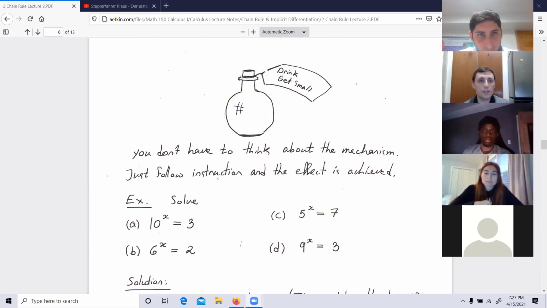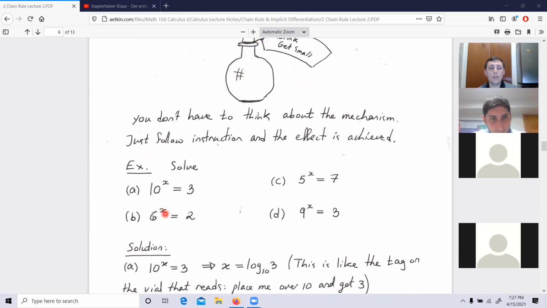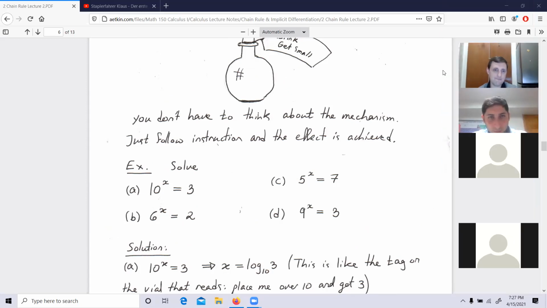Good. So the value is simply log base 10 of 3. For b, it is what? Log base 6 of 2.